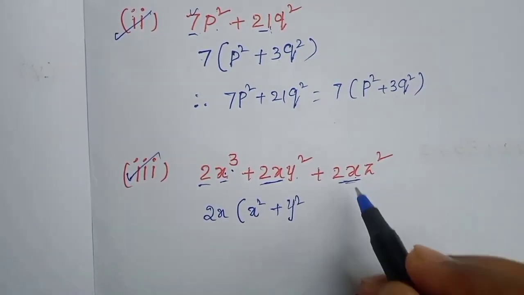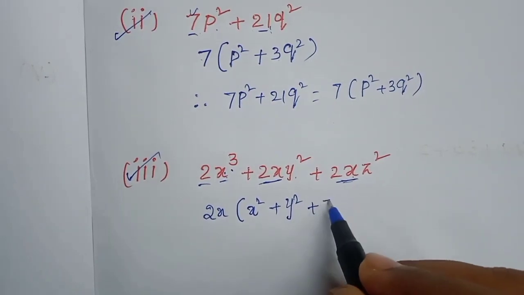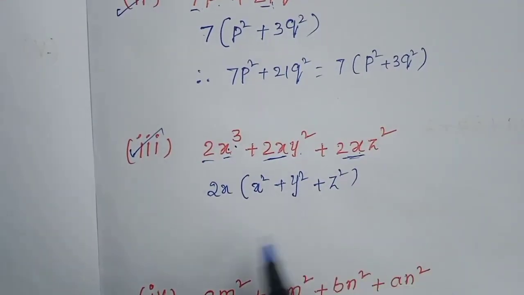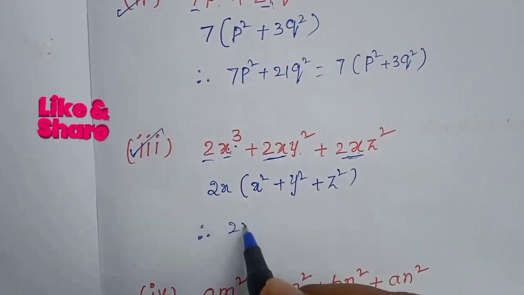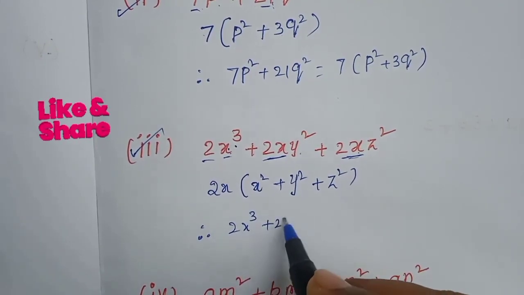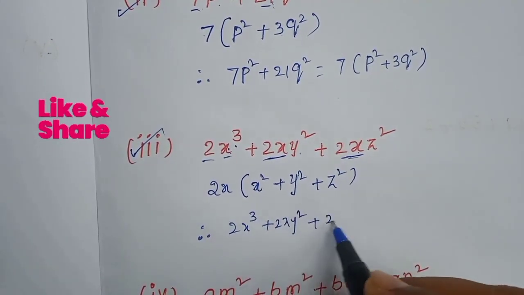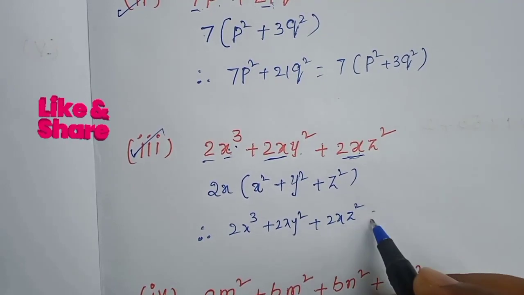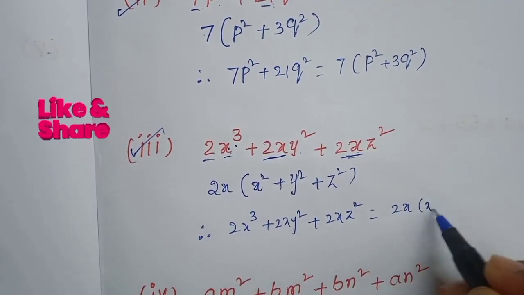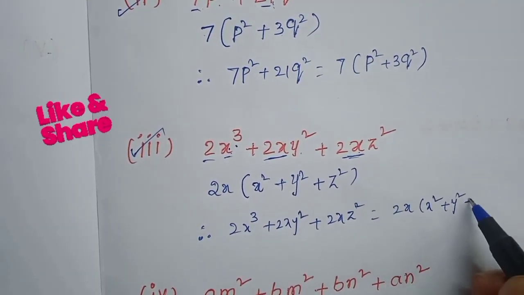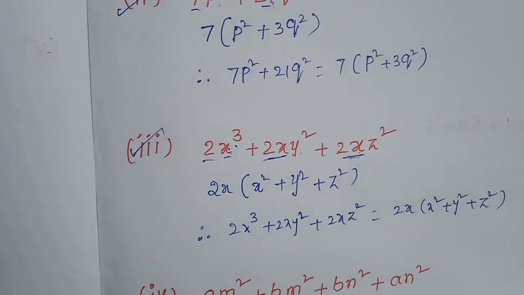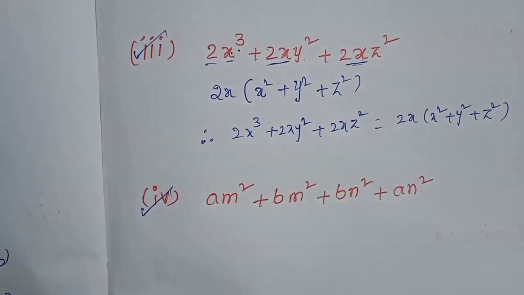Here out of 2x you have z square. So therefore the factorization of 2x cube plus 2xy square plus 2xz square is 2x into x square plus y square plus z square.